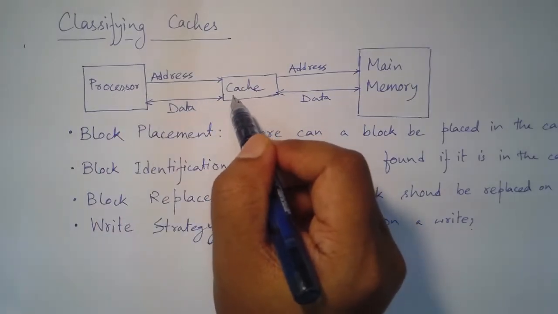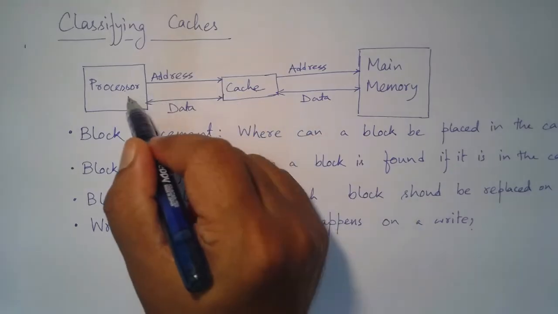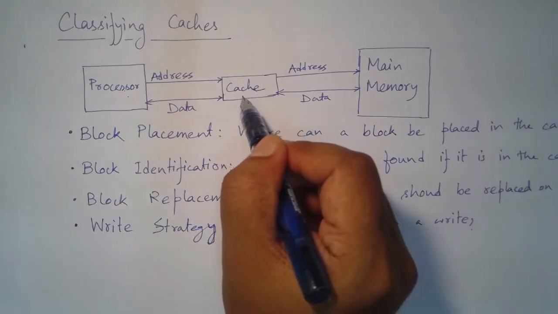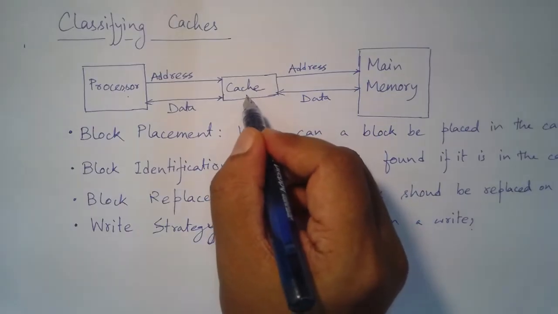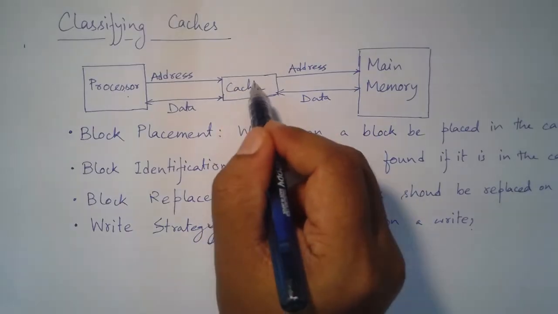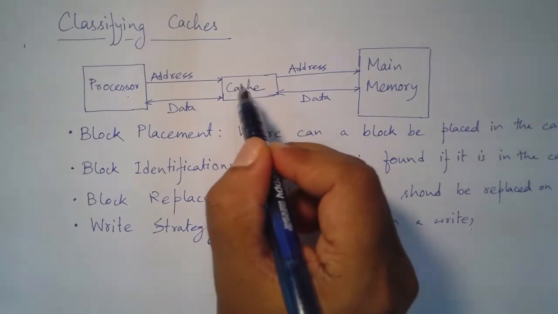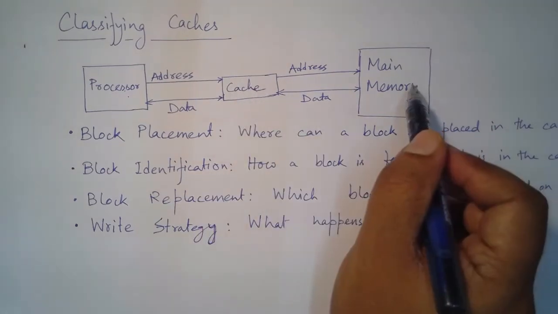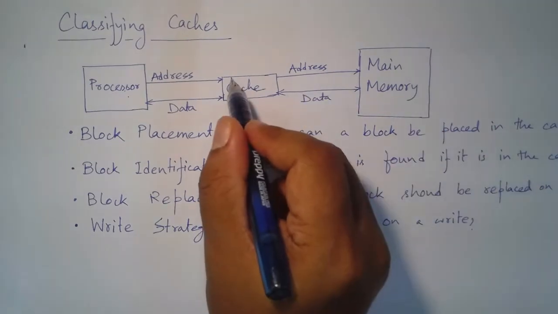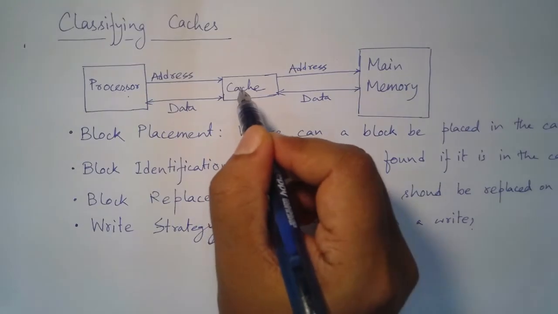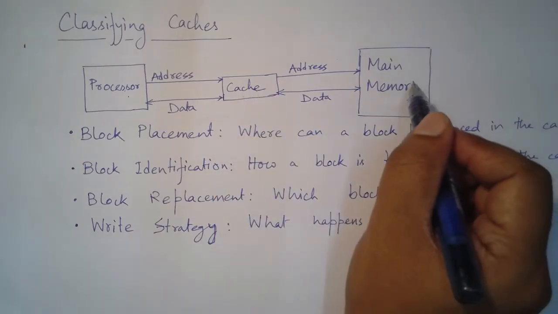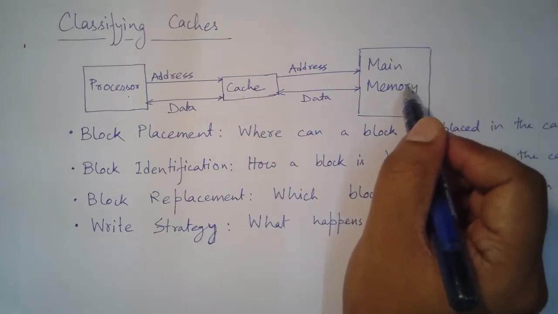In case of write back strategy, you will only update the content in cache. It writes only in the cache. And when do you update it in main memory? When that block needs to be evicted from your cache. Before eviction, you first update it in main memory and then evict the block.